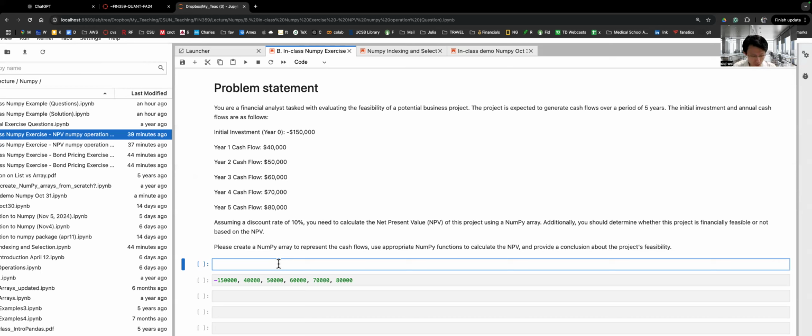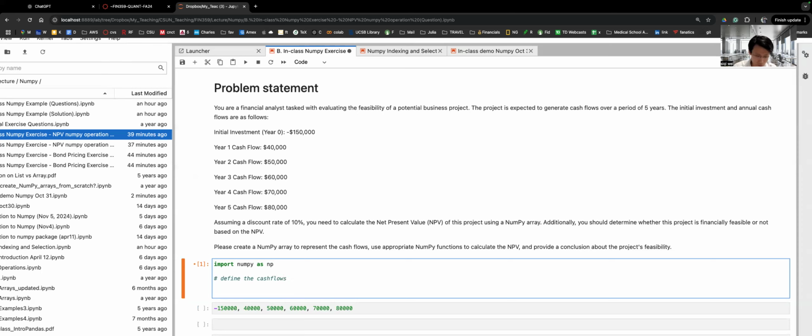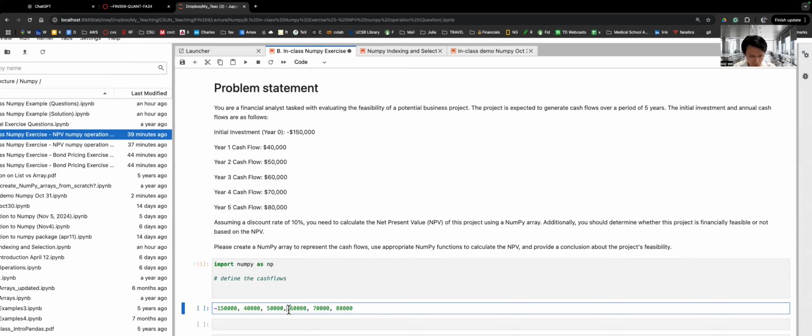All right, so first things first is to load the library. We are going to primarily use NumPy. We also want to define the cash flows. We are going to work on the problem using the NumPy array, which we talked about before.